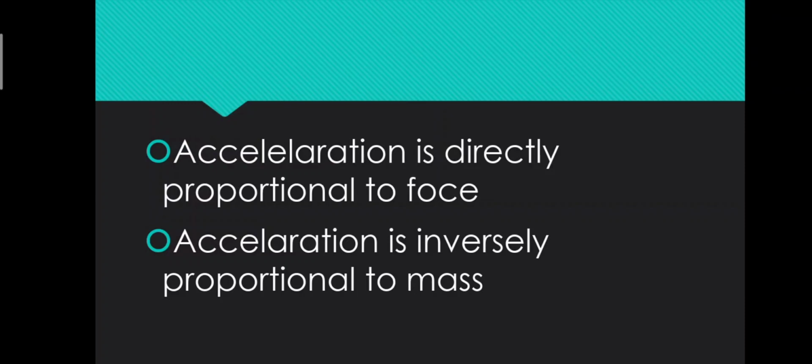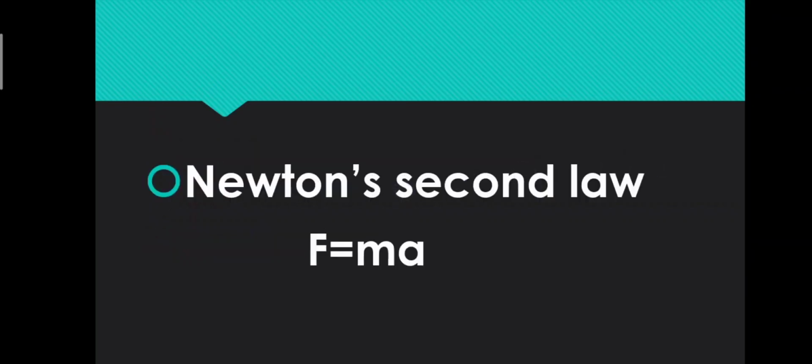Then, if acceleration is inversely proportional to mass, this means a large mass results in a small acceleration. This relationship is written mathematically as F equals m times a. So the Newton's second law equation is F net equals m times a.